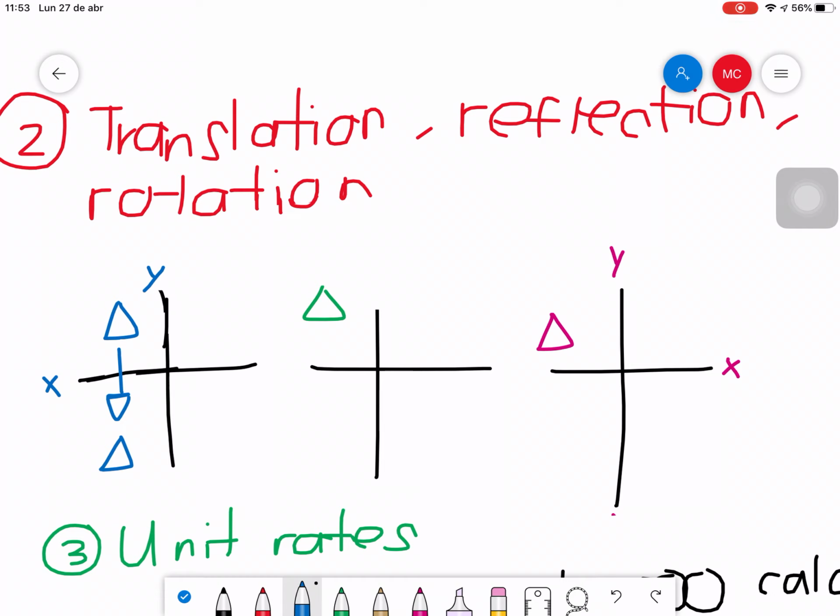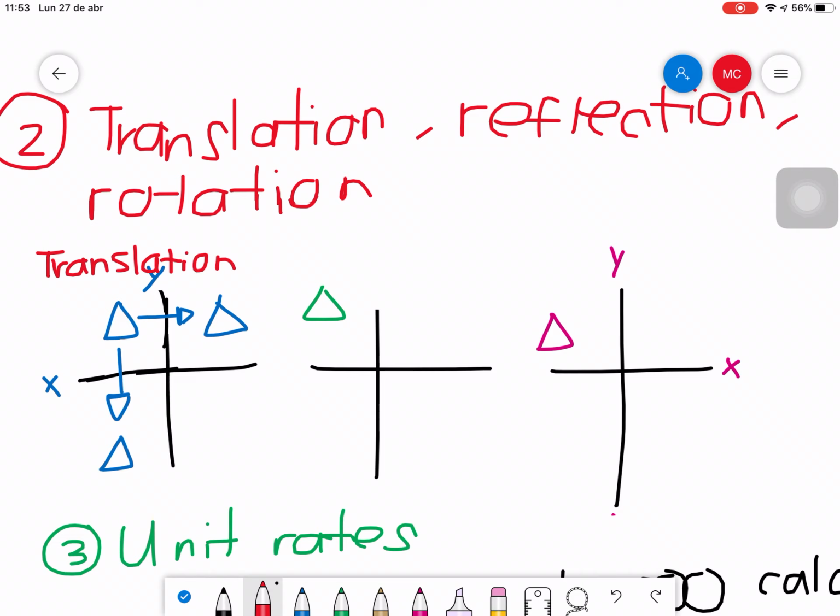Or let's suppose that I just want to move the triangle to the right, to this side. If I am just moving the figure without changing its orientation, that is said to be translation. Okay, this is translation. Whenever I just move the figure all around the coordinate plane without changing its orientation, okay?